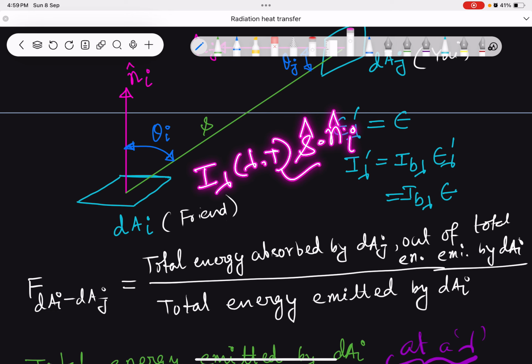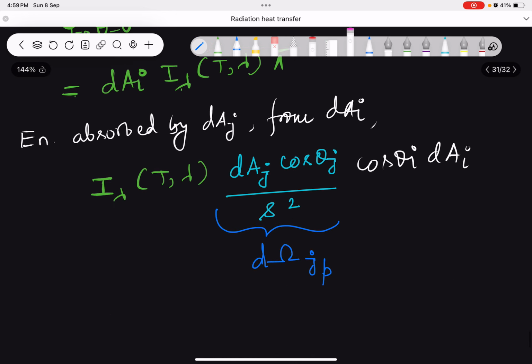I have to include this term to take care of this direction factor.